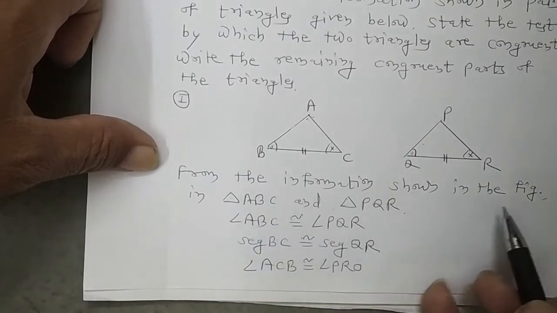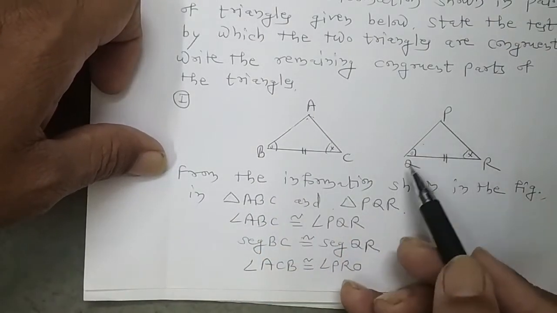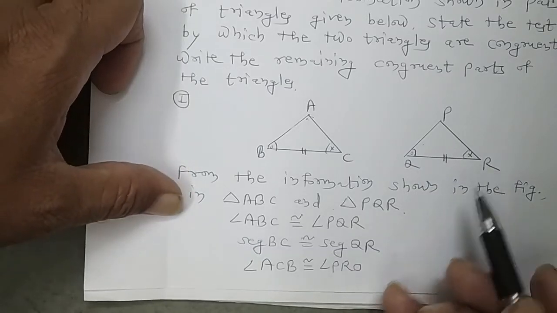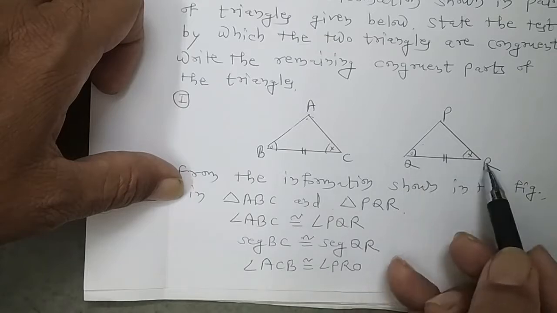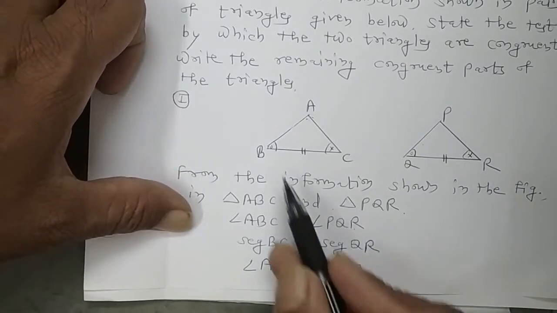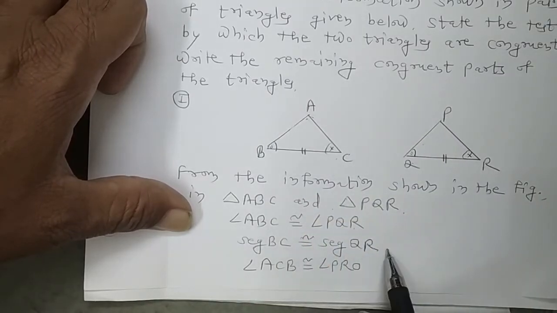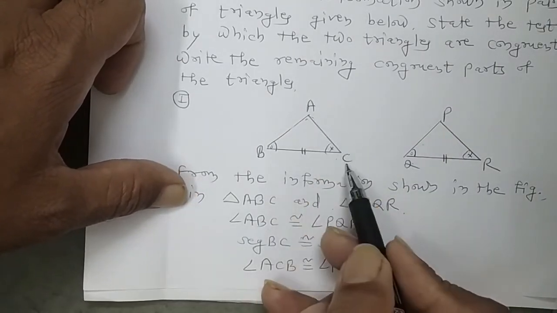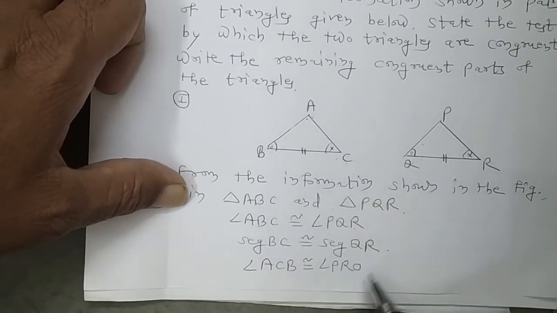From the information shown in the figure, in triangle ABC and triangle PQR, angle ABC congruent to angle PQR is given. Segment BC congruent to segment QR and angle ACB congruent to angle PRQ.